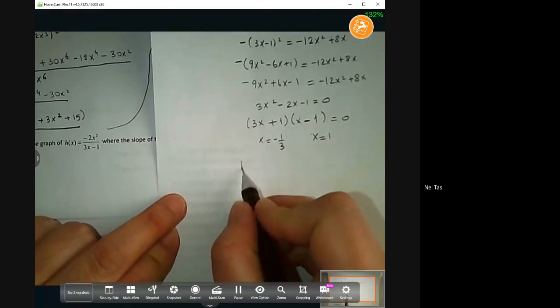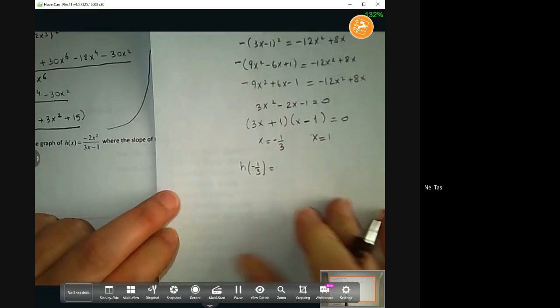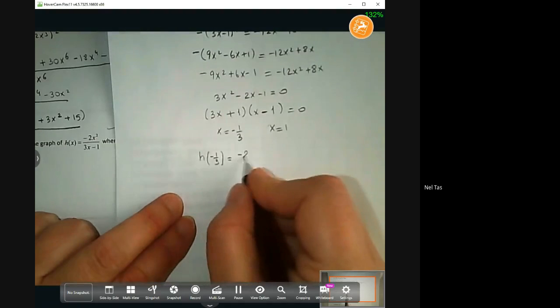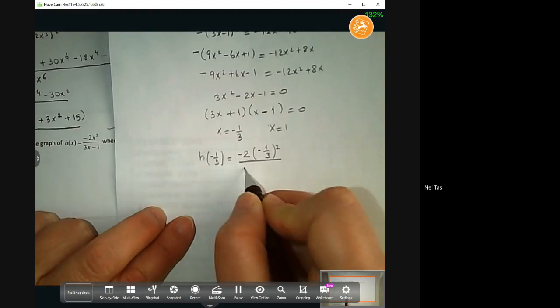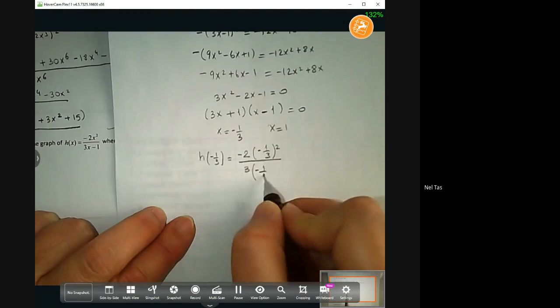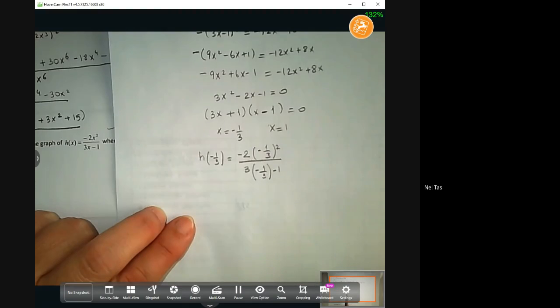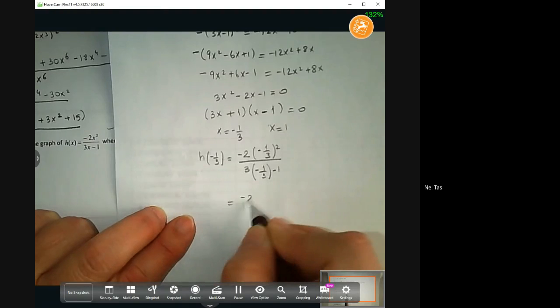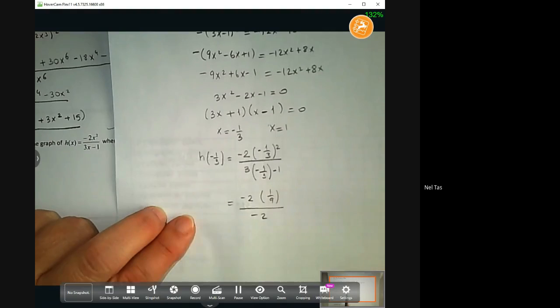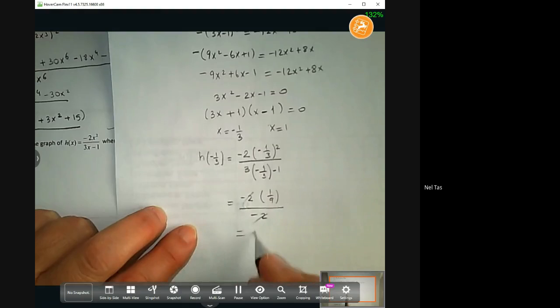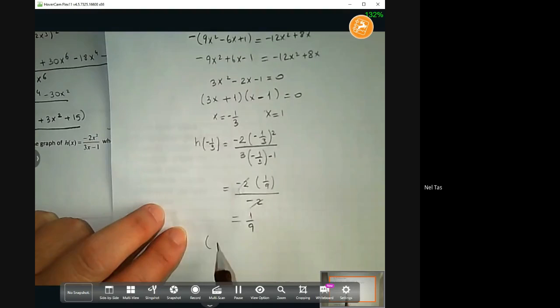Okay, so h of negative 1 over 3 equals negative 2 times negative 1 over 3 square over 3 times negative 1 over 3 minus 1. Okay, so negative 2 times 1 over 9 over, so this gives you negative 2. So they are gone, 1 over 9. So one point is negative 1 over 3 and 1 over 9.